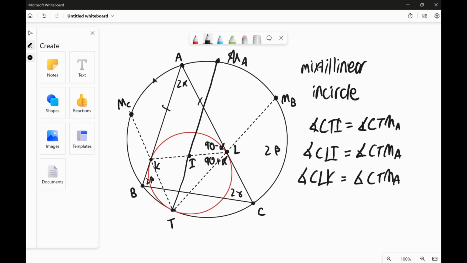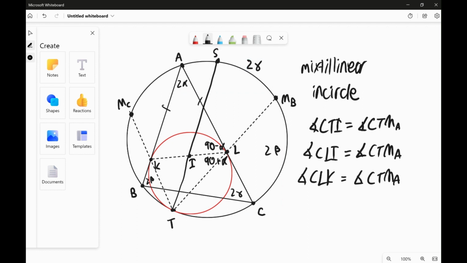And since CMA is half the arc of major arc BC, and the measure of that big arc is just 360 minus 4 gamma, MAC must equal 180 minus 2 alpha. So that means that this here must be 2 gamma in order to get a 180 minus 2 alpha here.